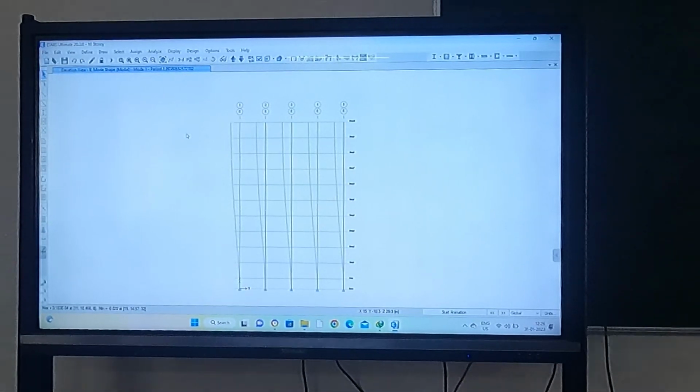Now it is better to open that formula in the IS code.